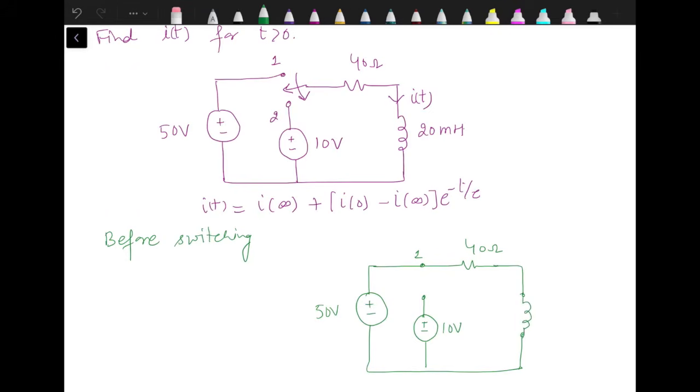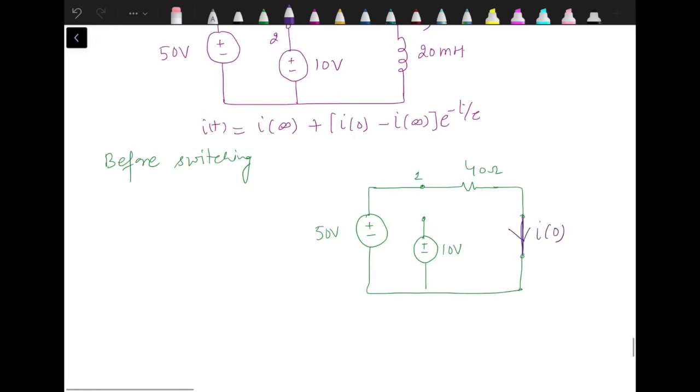Since the circuit was under steady state conditions, the inductor was behaving as short circuit. So let's replace the inductor by short circuit and find out the current through the inductor, and that is actually I0. So I0 is simply 50 by 40, which is 1.25 ampere.